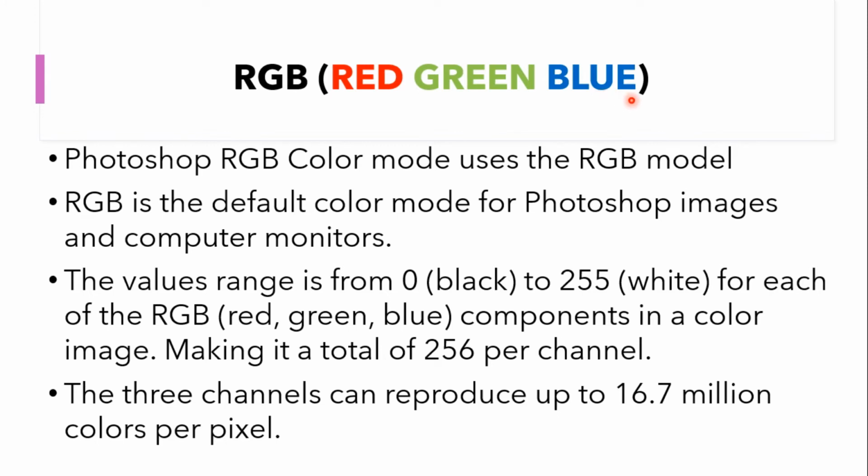So RGB is usually the default color for so many design applications. Photoshop's RGB color mode uses the RGB model, just like so many other applications. The RGB color model is vast and it is the default color mode for Photoshop images, or images you bring from your camera.